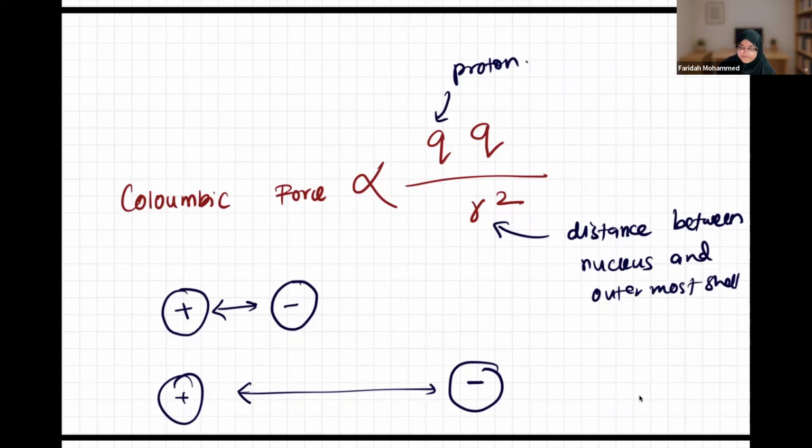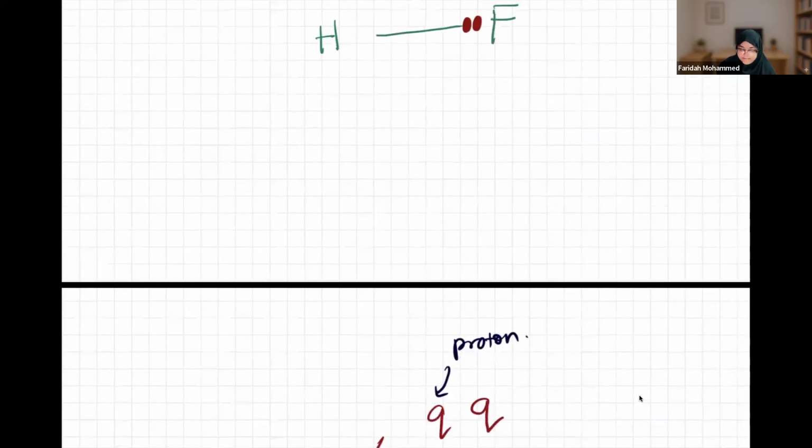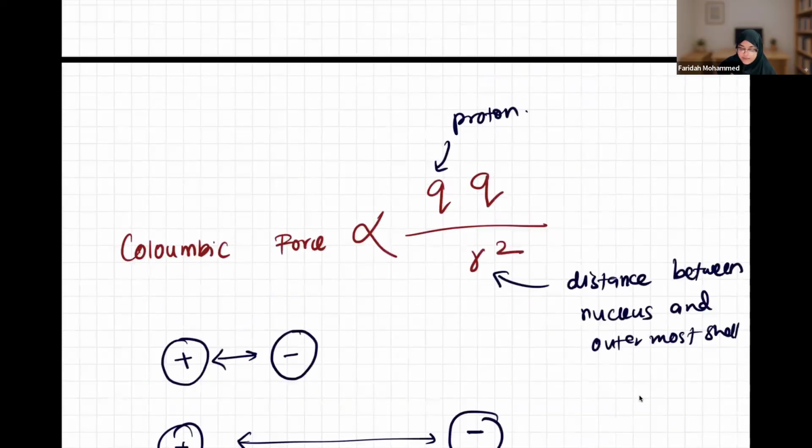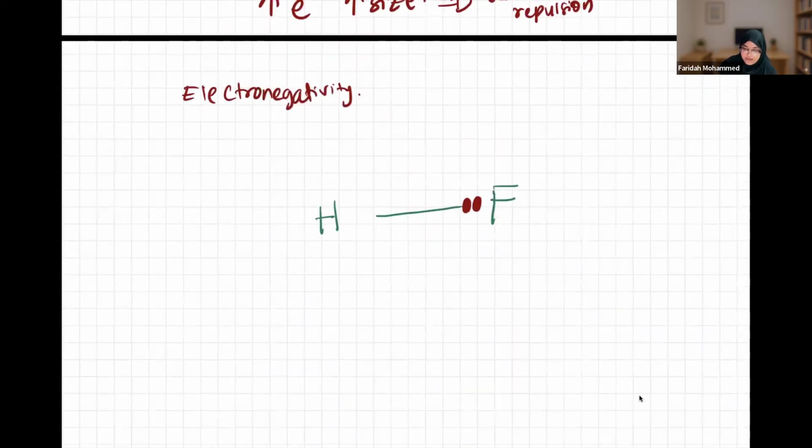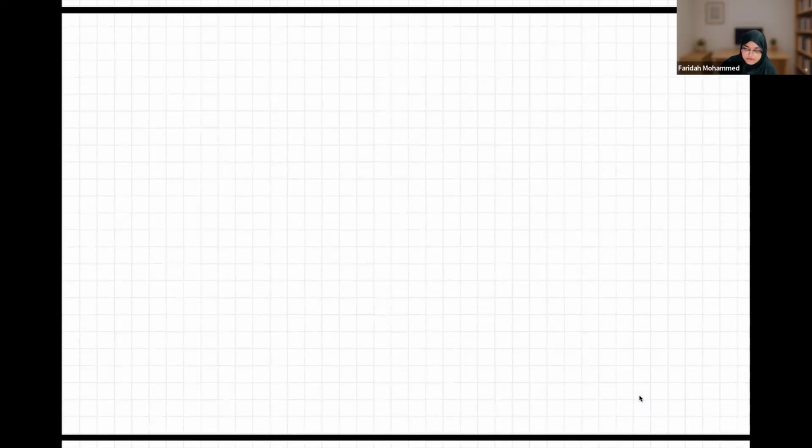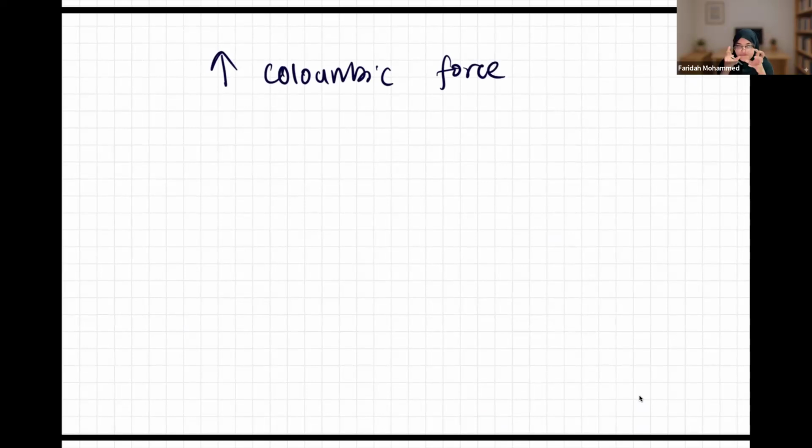Yeah? Okay. Now, based on Coulombic force, again, as your Coulombic force increases, think about the Coulombic force being the force of the nucleus, okay? The attraction force of the nucleus. More attraction, the size gonna be what, Joey?